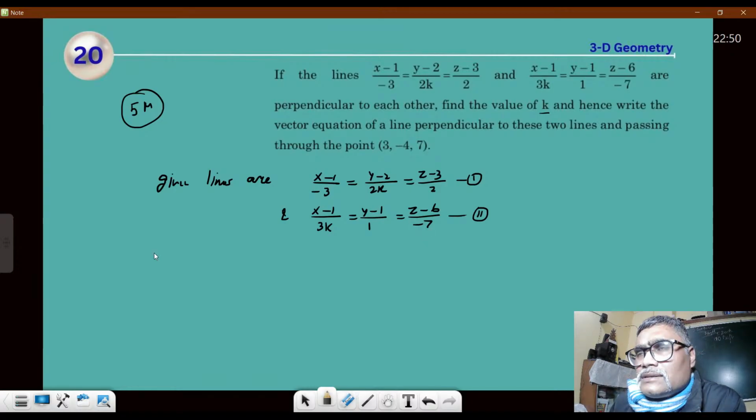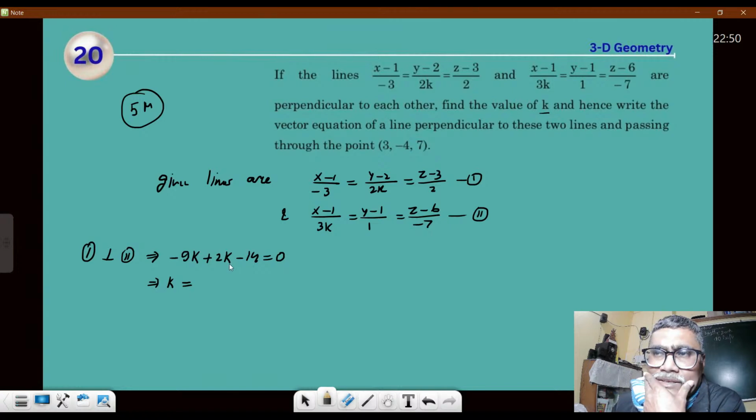According to the question, 1 is perpendicular to 2. So what will happen? Minus 3 into 3k, minus 9k, then plus 2k, and then minus 14 is equal to 0. So I can find directly the value of k. It is minus 7k, minus 2 will be there. Value of k is done.